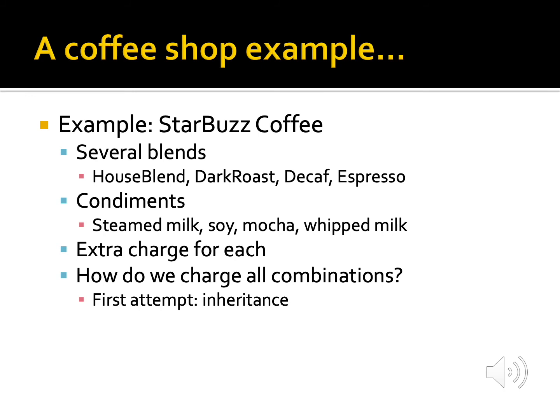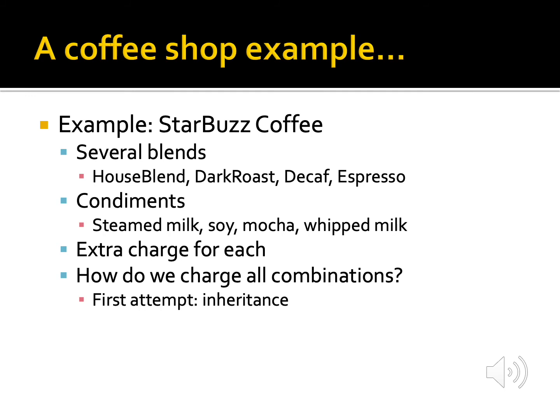It means that the client can simply request any blend from the above types of coffee, but may not request or demand any extra topping or condiment. The options for condiments are steamed milk, soy, mocha, and whipped milk.